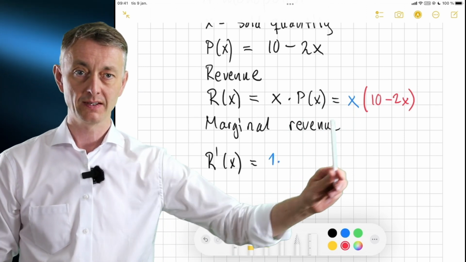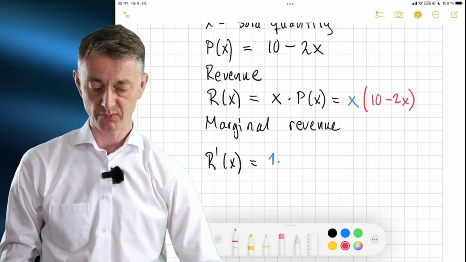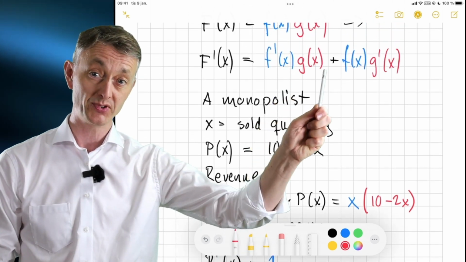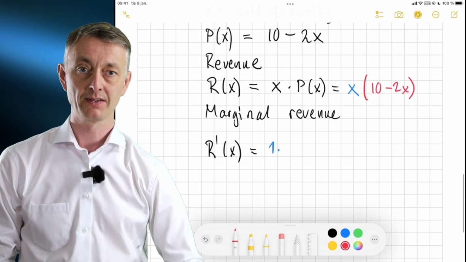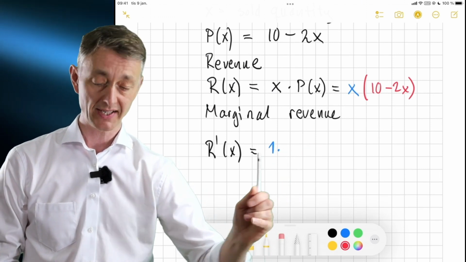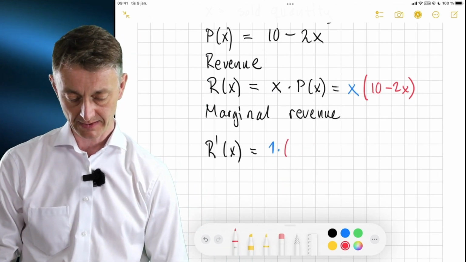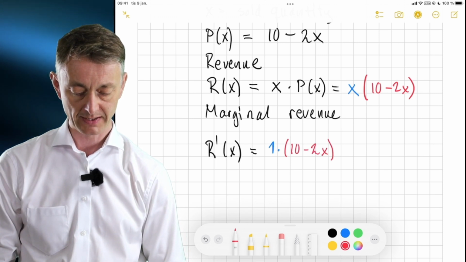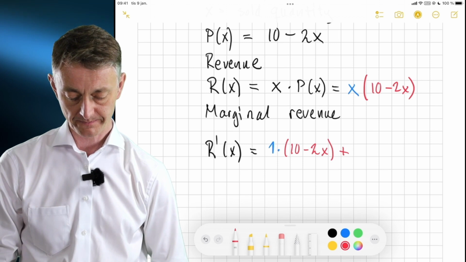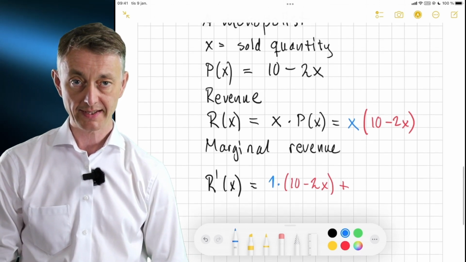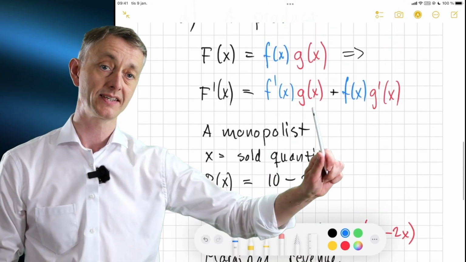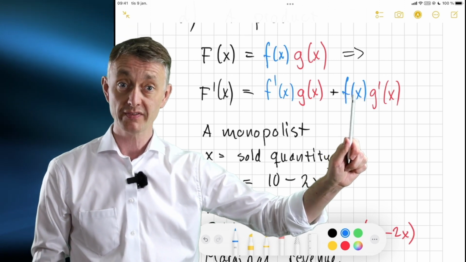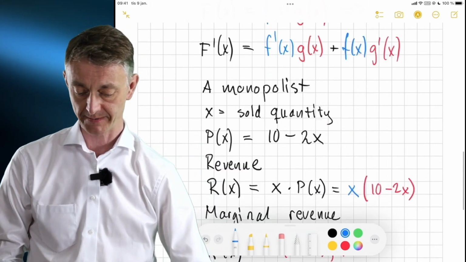Times. And then we just plug in this equation. If we go back and look here, it was f prime of x times g of x. So here we put in g of x, which is simply 10 minus 2x plus, and then according to the rule, it says here that it's f of x, taking f of x without the derivative, times g prime of x.